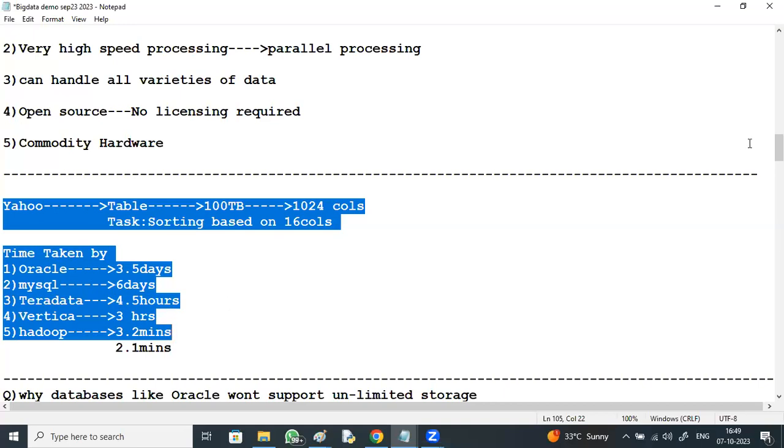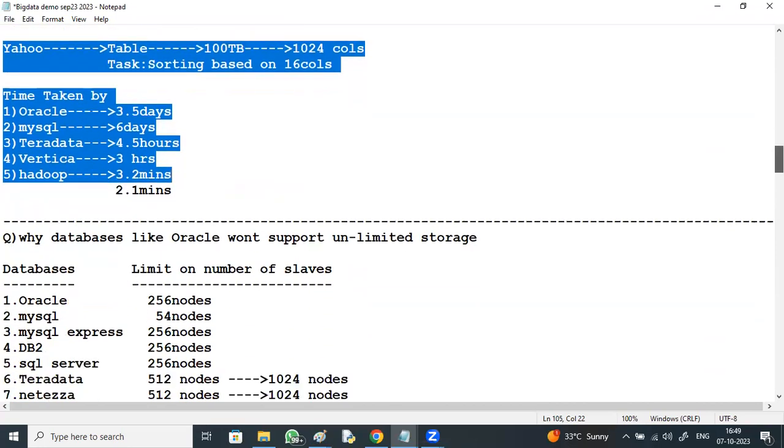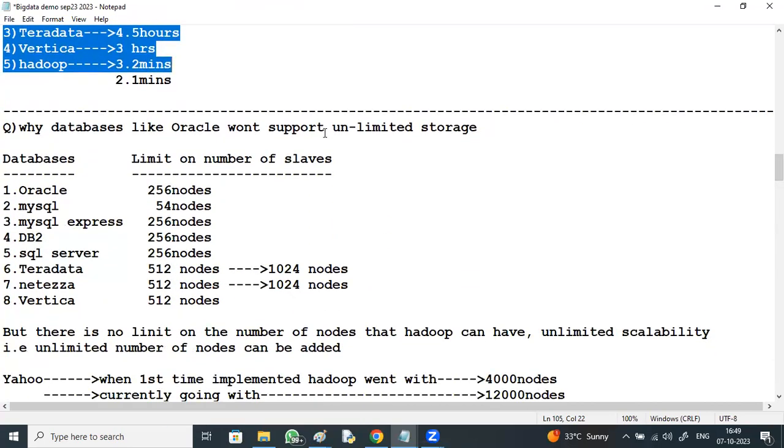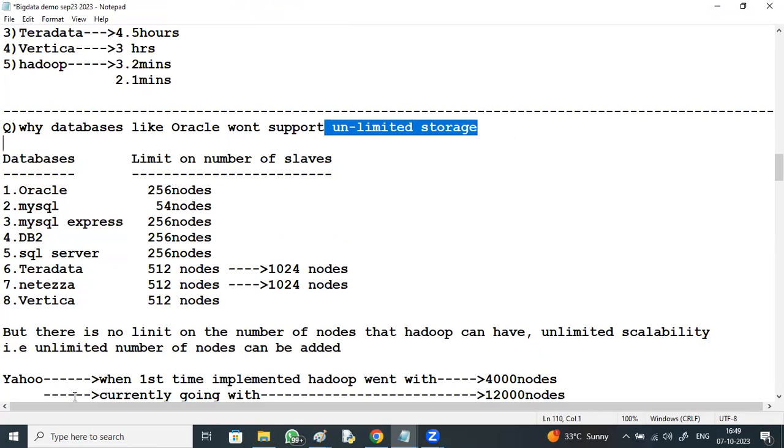Why do databases like Oracle not support unlimited storage? Even for databases, we have got some limit.